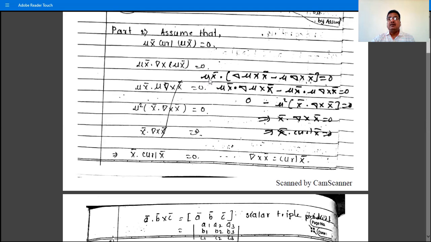Then mu x bar dot del mu cross x bar, that is, distribute this dot over the sum, plus mu x bar dot mu del cross x bar is equal to 0. Here mu is scalar, so x bar dot del mu cross x bar is 0.